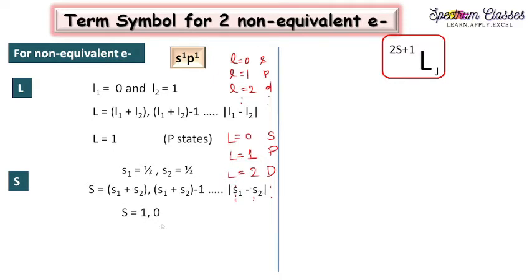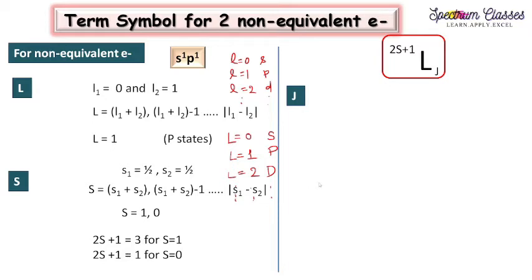S1 minus S2, it gives me 0. Differing by 1, no value is there. From this S, we are going to calculate the multiplicity of the state. So multiplicity is 2S plus 1. So put 1 here. In this case, we get 3. And if we put S is equal to 0, then we get 1. So we are having two different states. One is triplet degenerate and the other one is singlet.